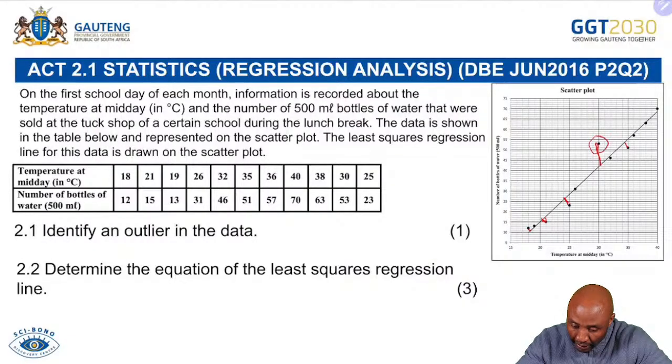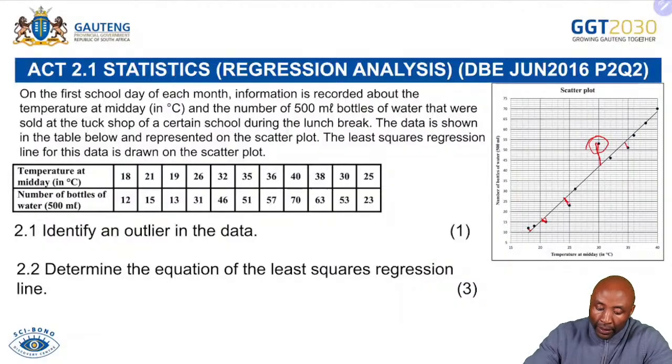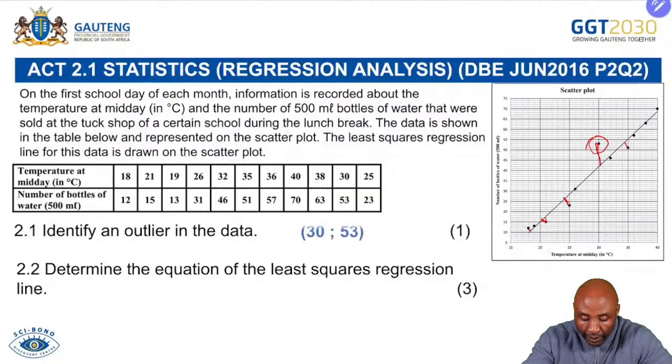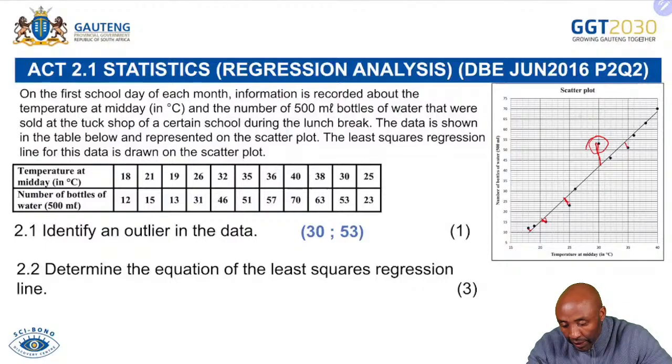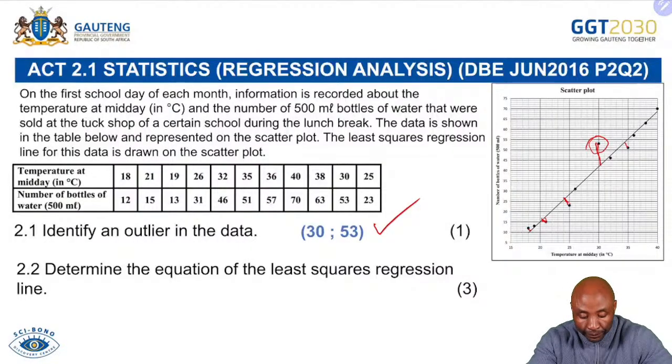So the point that seems to be on its own is that one, and it is when we have our x as 30 and our y as 53. So that becomes our outlier because it is the furthest from our line of best fit. So you'll get 1 mark for identifying the outlier.